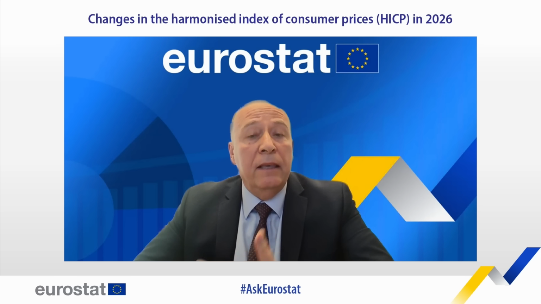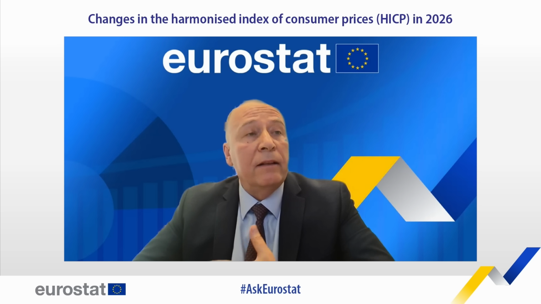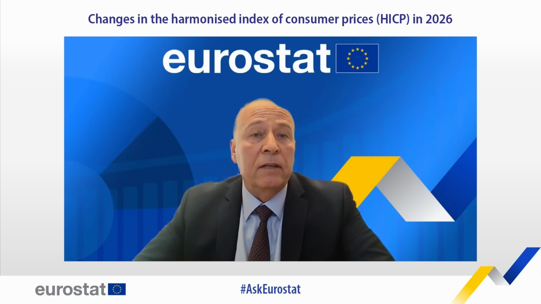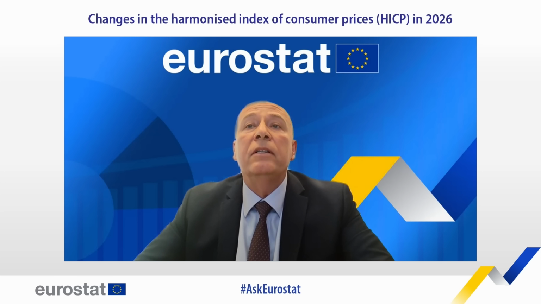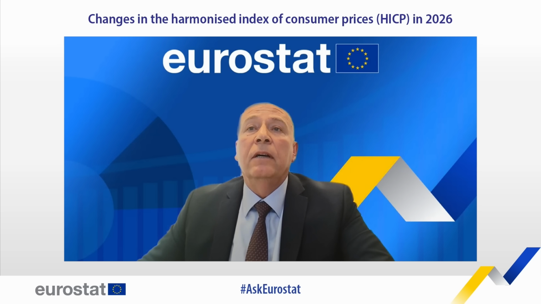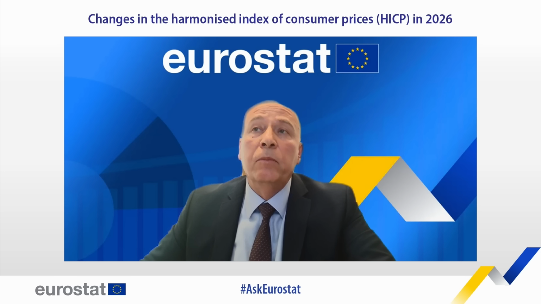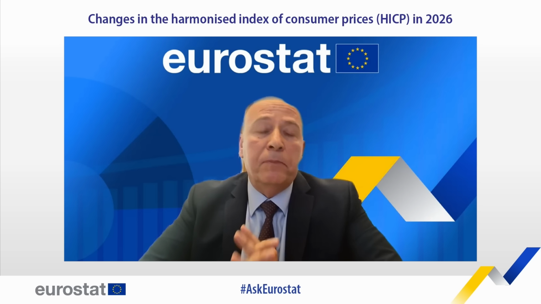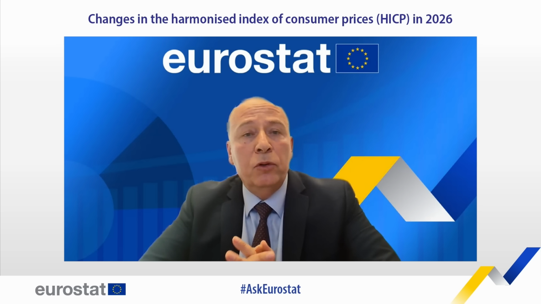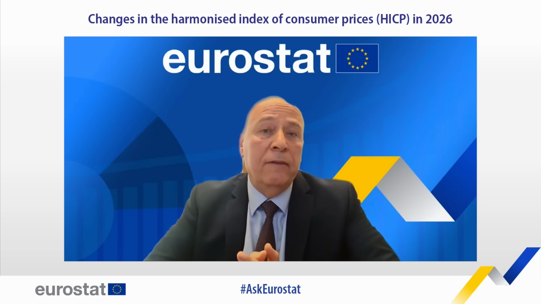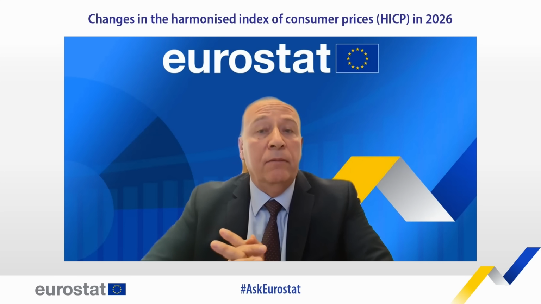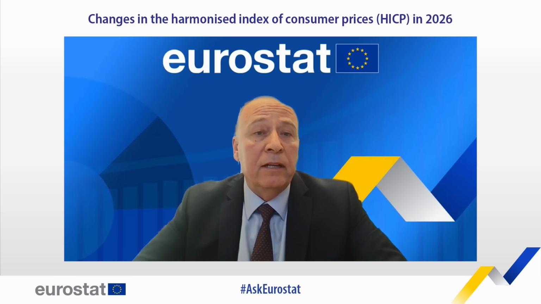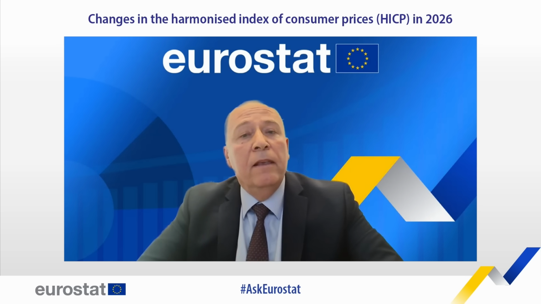HICP serves as a key macroeconomic indicator to assess underlying inflationary pressures and determine monetary policy. And for these reasons, core inflation is most relevant to be monitored. In the HICP, we have four main special aggregates: food and energy, which are relevant to the non-core inflation, and the two that are relevant to the core inflation, which are non-energy industrial goods and services.